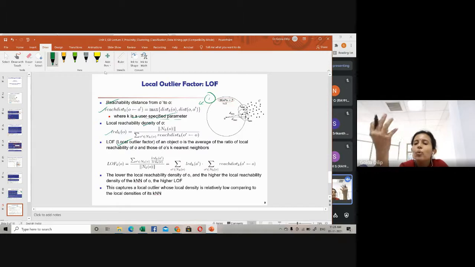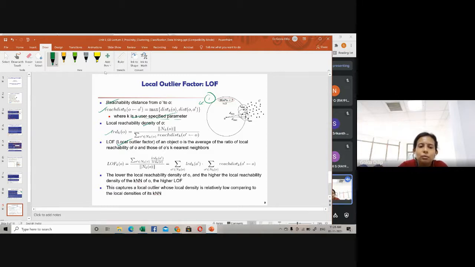Instead, we calculate the local reachability density for an object and compare it with that of its neighbors, to quantify the degree to which that particular object can be treated as an outlier.